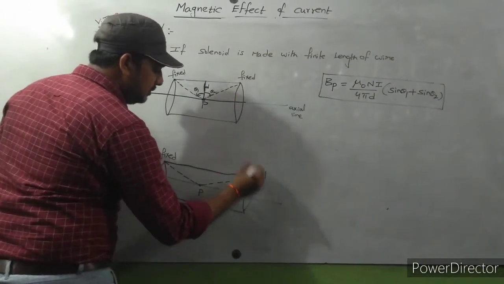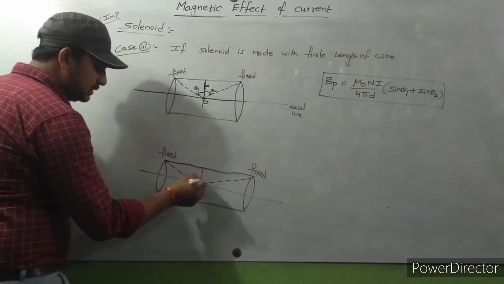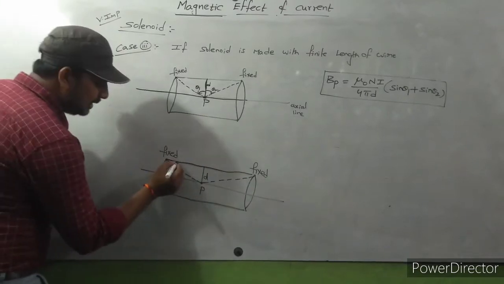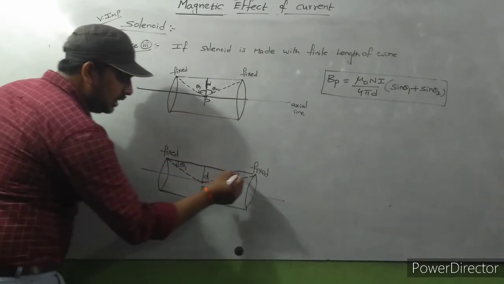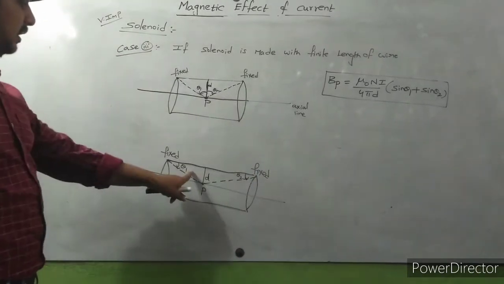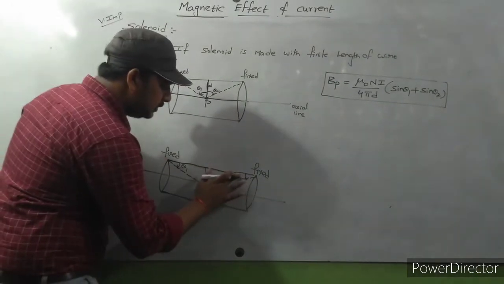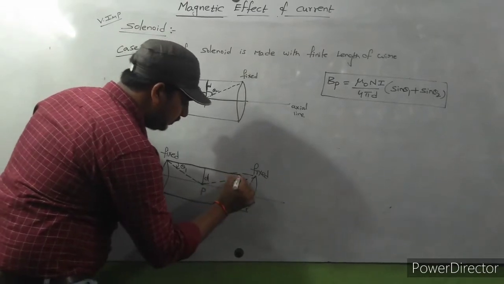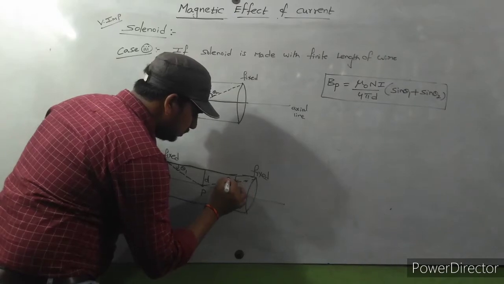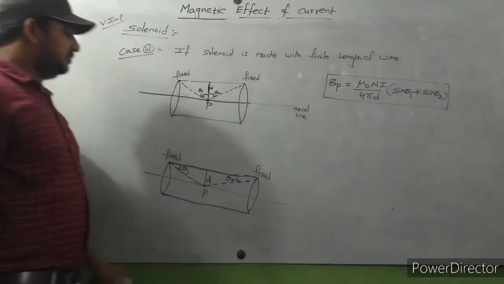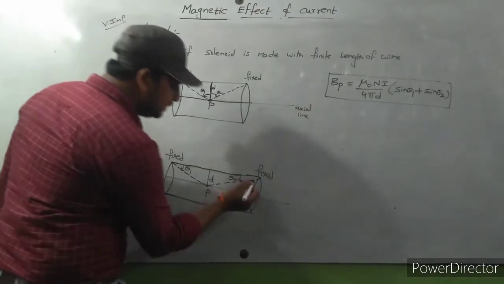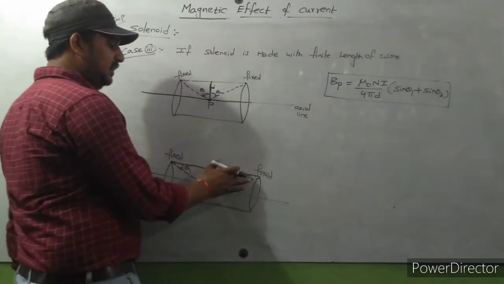This is the perpendicular distance D. Here sometimes they give angles: this is theta 1 and here it is angle theta 2, given at the fixed ends.